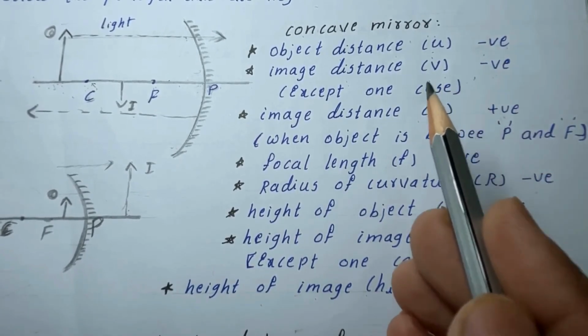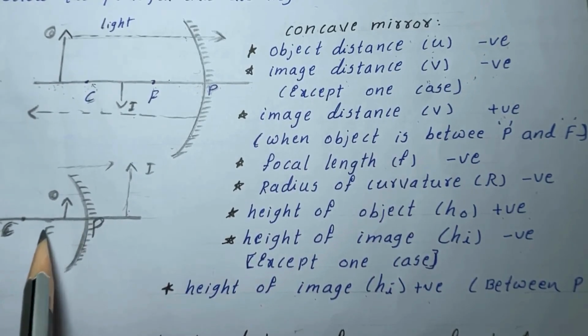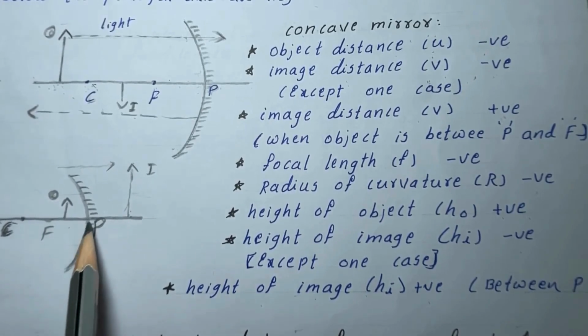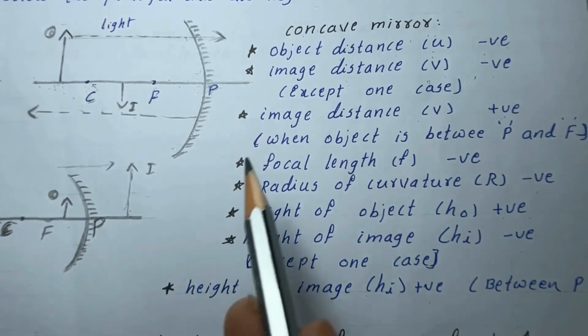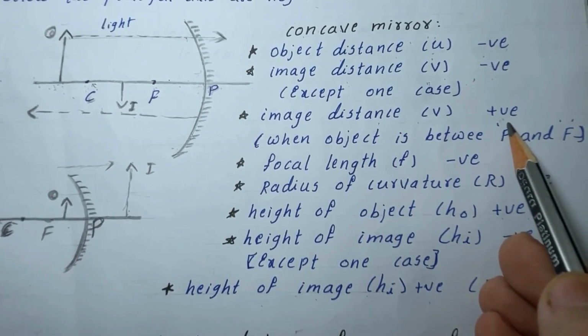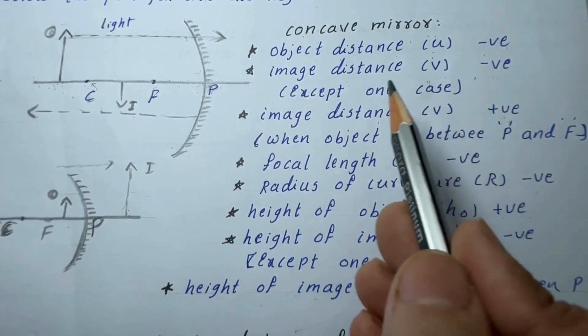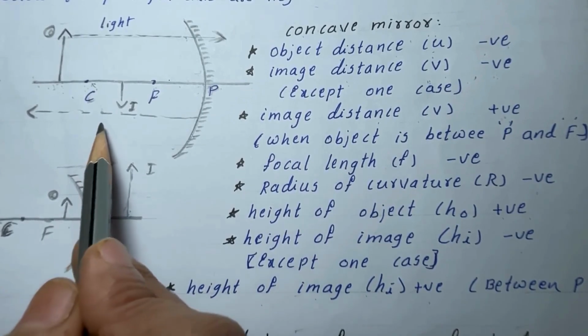But when the object is between P and F, then a virtual image forms which is on the right hand side of the pole, so in that case the image distance is positive. Negative sign of image distance shows that the image formed is a real image.